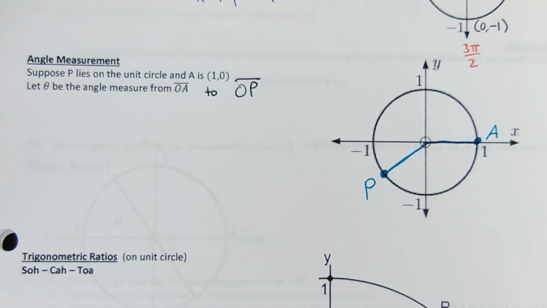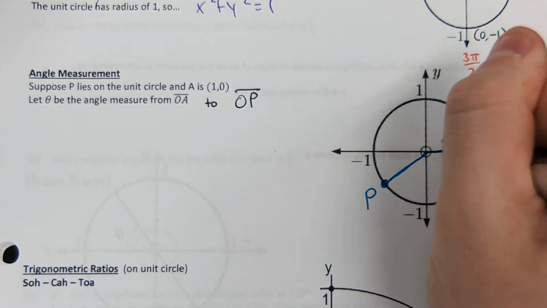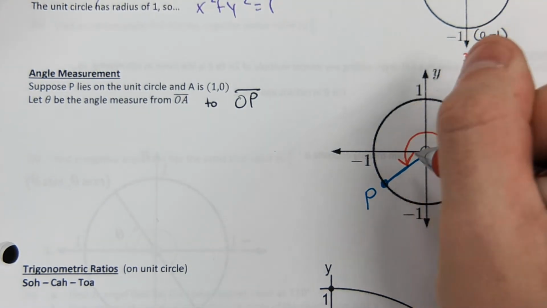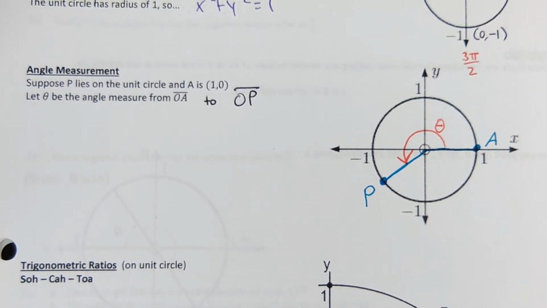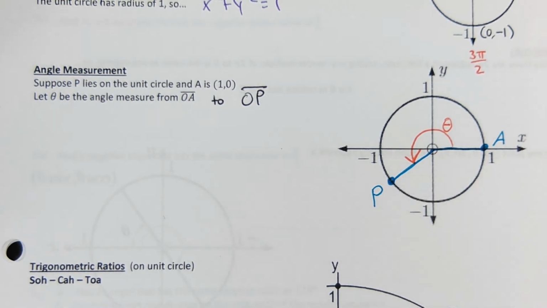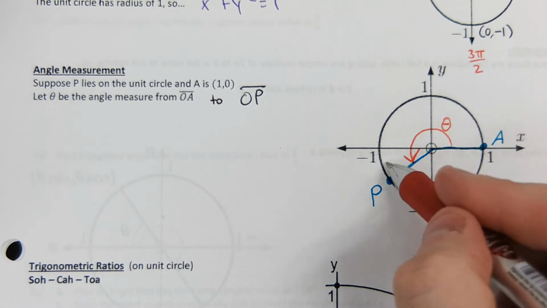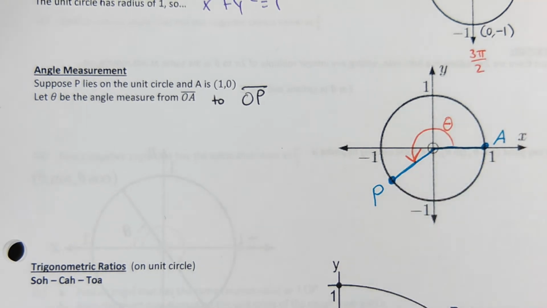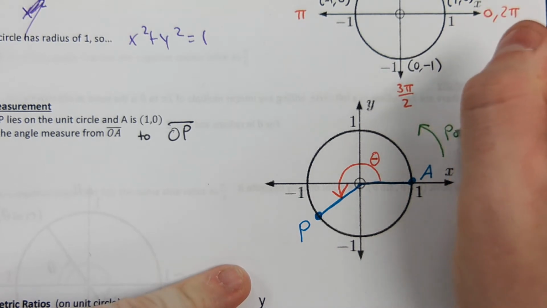Theta is a positive angle, so it would be done like this. That's what that would look like. And that's just me showing you the motion of this line segment OP. Imagine it was OA. It was laying on top of OA, and then it opened as if the origin was a hinge. And I'm showing you that it's opening counterclockwise. You see, as angles open counterclockwise, they'll be positive.